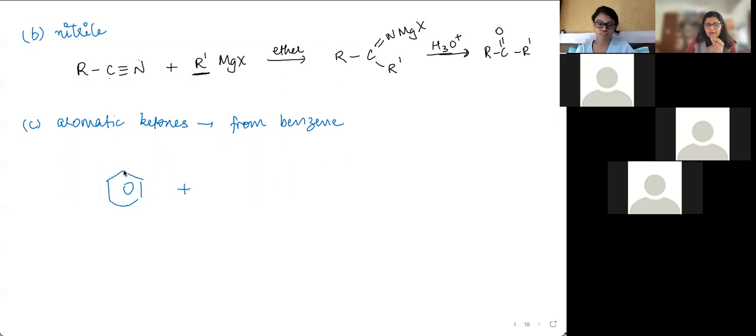So here, in order to get a ketone, what you want to end up with is something like this, and then R dash here, right? So this would be an aromatic ketone. So we want a source to introduce this C double bond O.